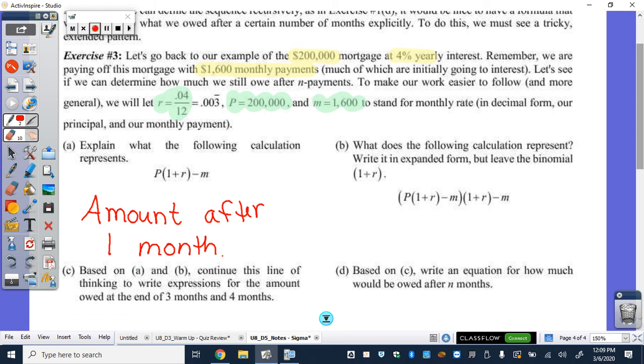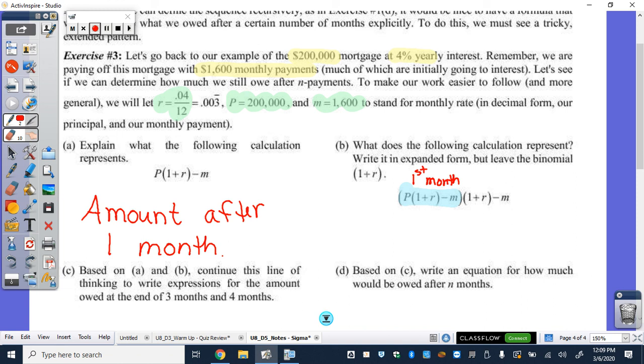So now part B, what does this calculation represent? This stuff here in the first parenthesis, that is our first month. Before, when it's recursively, we can write it as a sub n minus 1. It makes it a little nicer to see.